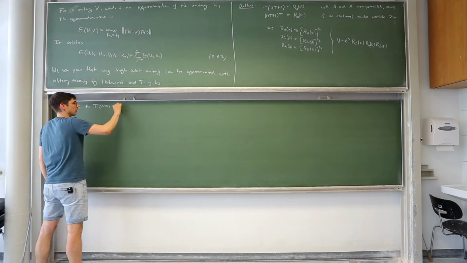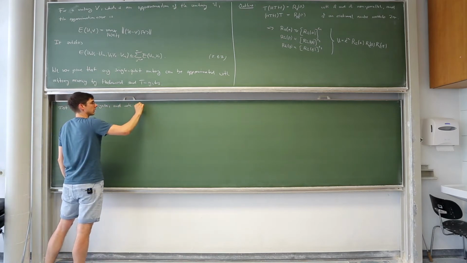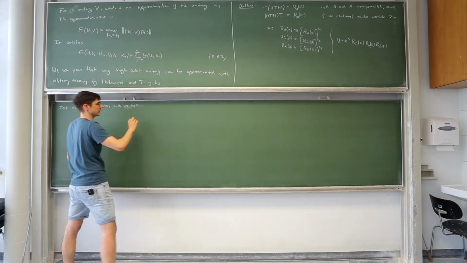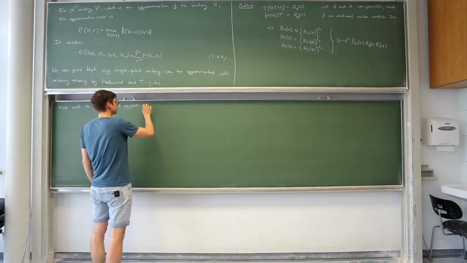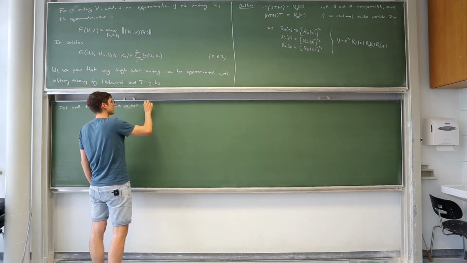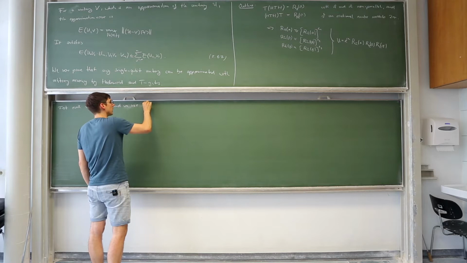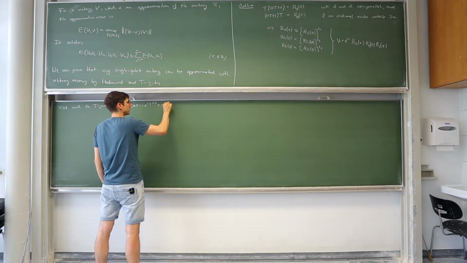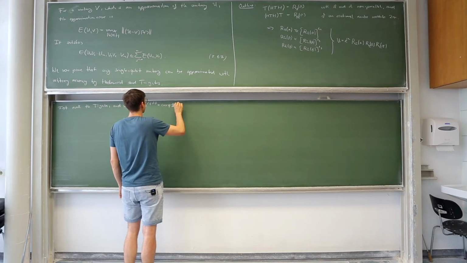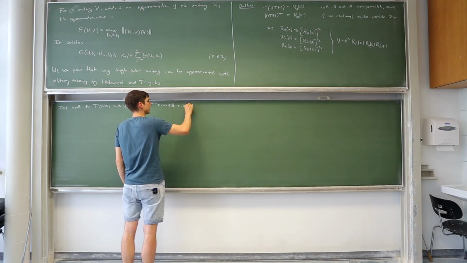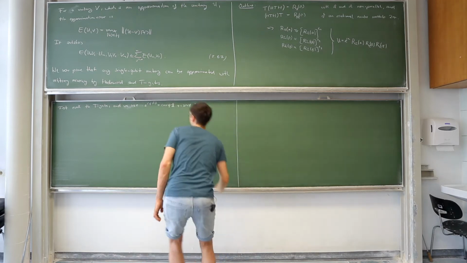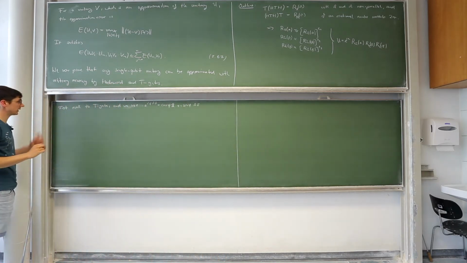And note that we can write e to the i phi times the normal vector n dot sigma as cosine phi identity plus i sine phi n dot sigma. So we know this relation and we use it together with the definition of the T-gate.